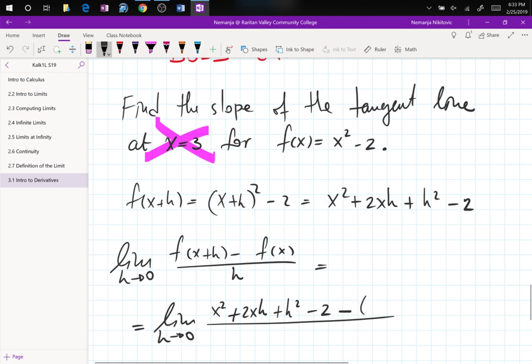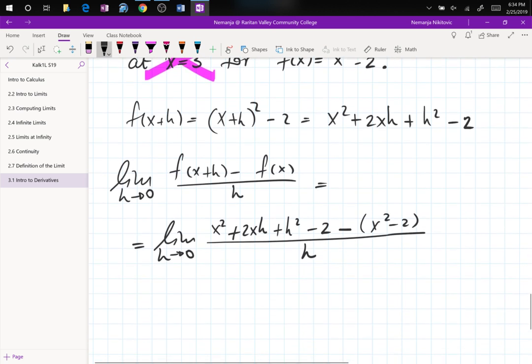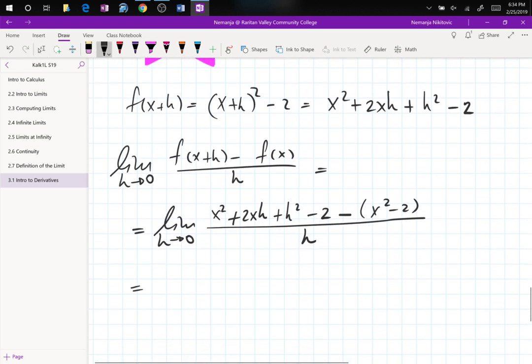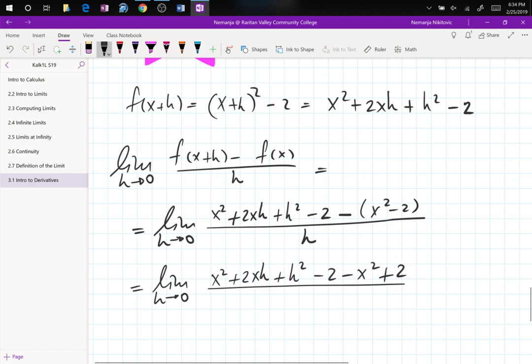Well, that's just the original function, x squared minus 2, over h. Limit h goes to 0. Get rid of the parentheses. What do we have? x squared plus 2xh plus h squared minus 2 minus x squared plus 2, over h.